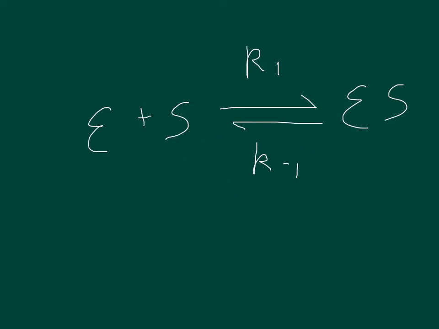Now this thing is in a rapid equilibrium, so we could say that there's an equilibrium constant. We'll call it capital K, and we want to say what's the constant of the substrate formation.